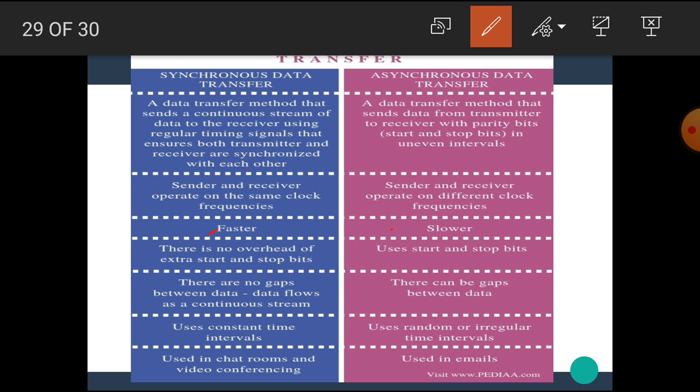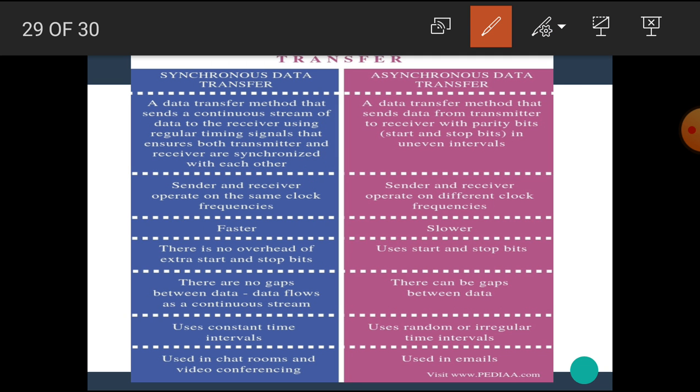In synchronous transmission, there is no overhead of extra start and stop bits, while asynchronous transmission uses start and stop bits. In synchronous transmission, there are no gaps between data as it flows in a continuous stream. In asynchronous transmission, there can be a gap between the data, known as idle time or time delay.